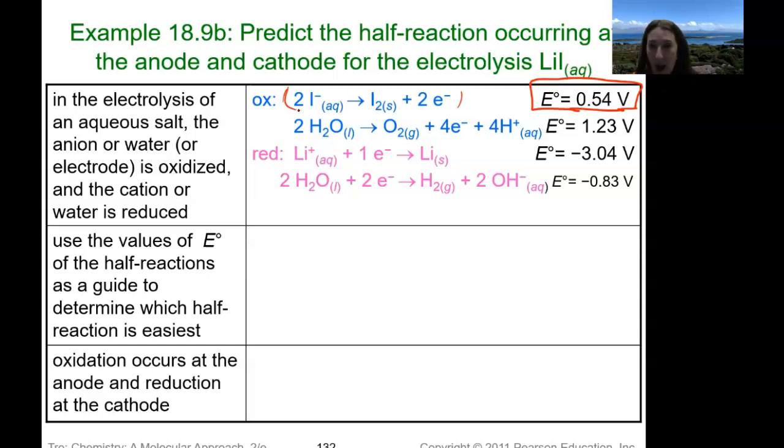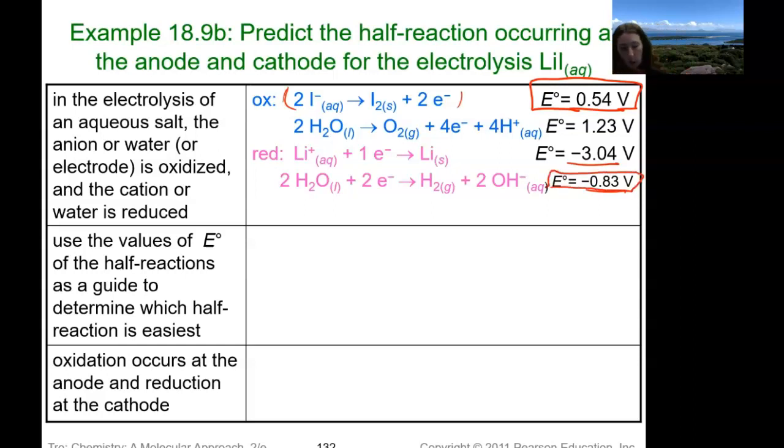For our reduction, it's the opposite. So whoever's higher on the table, or more positive or least negative. And the reason I keep saying both of those words, because here's our choices. It's either negative 3.04 or negative 0.83. Well, the one that is least negative, right? The one that's least negative or more positive is this one.